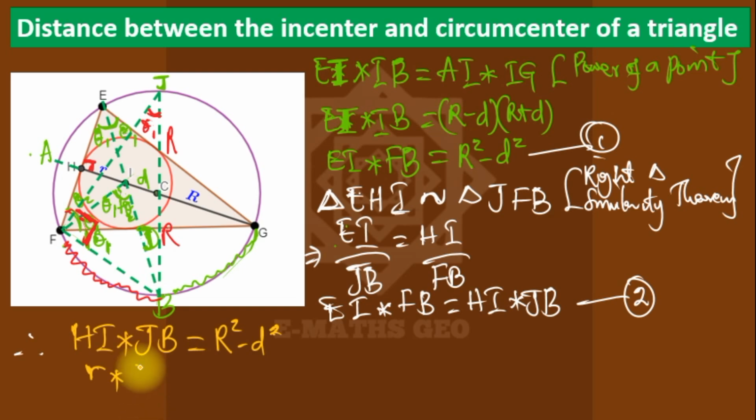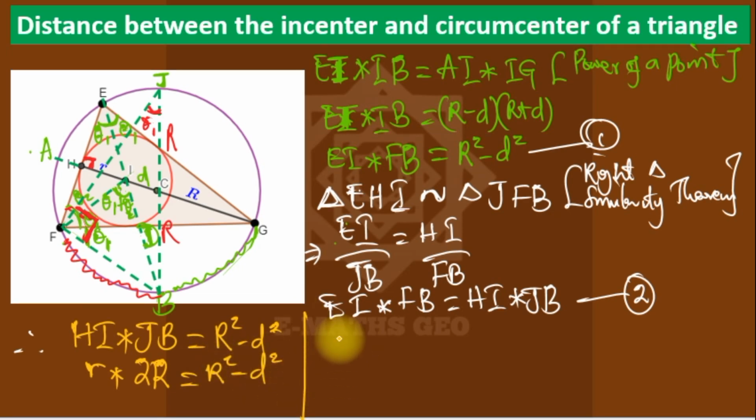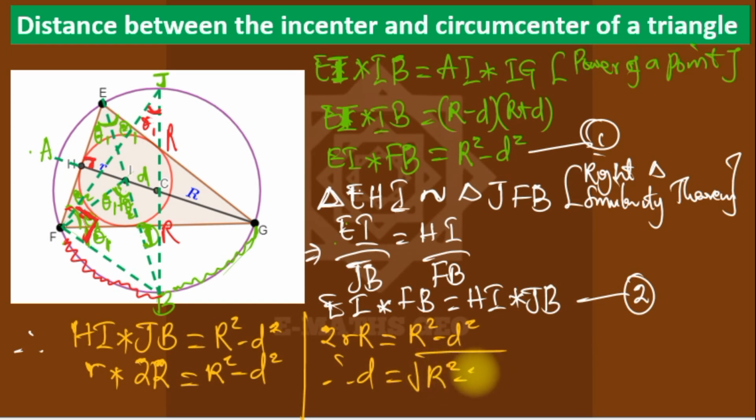JB is 2 times big letter R. So here is now 2Rr equal to R squared minus D squared. Making D the subject of the formula, D is now the square root of R squared minus 2Rr.